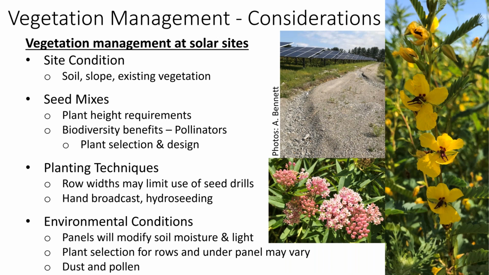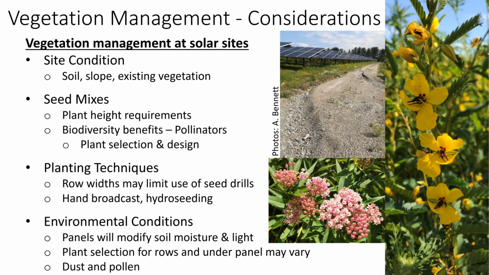And then, when you're thinking about your seed mix, do you want to have any biodiversity benefits at your site? Pollinators are one that is being increasingly used at solar sites. So think about what plants you want to select to support pollinators, whether that be native bees, honeybees, or native butterflies. You're going to want to select species that bloom across the flowering season, species that provide pollen and nectar resources, or host plants.